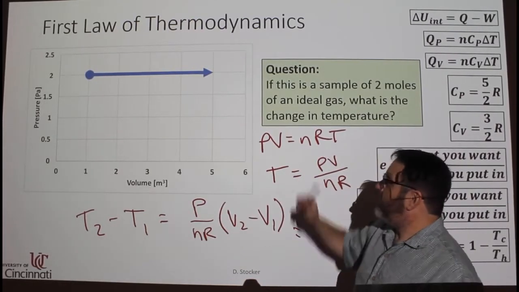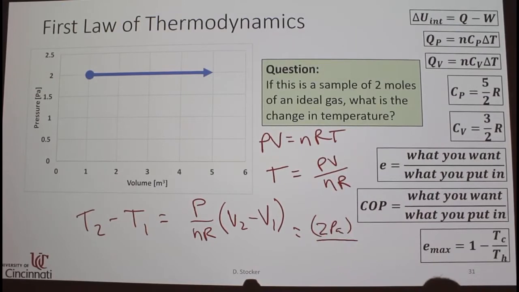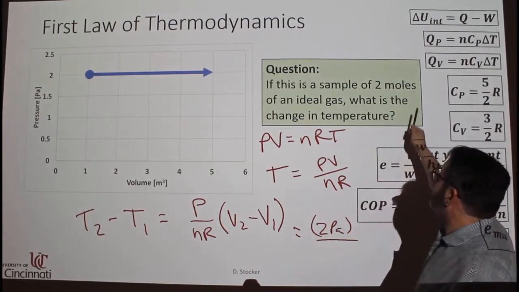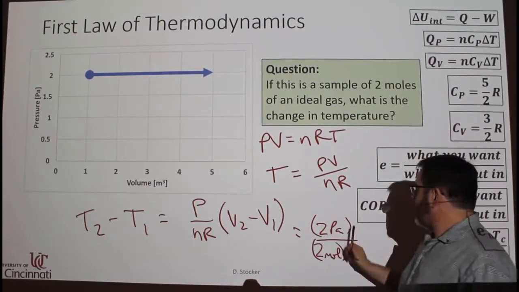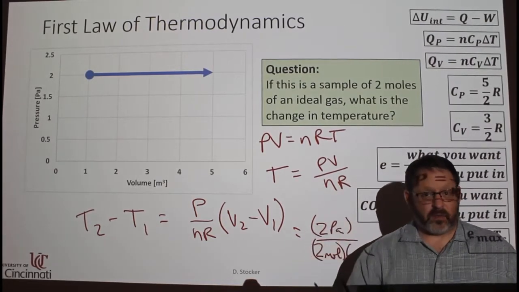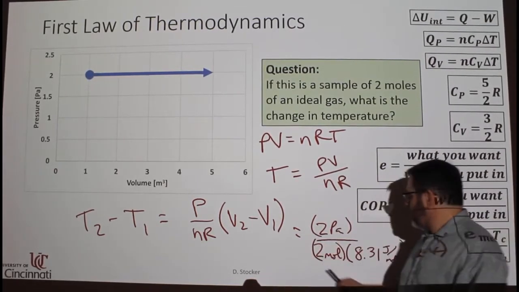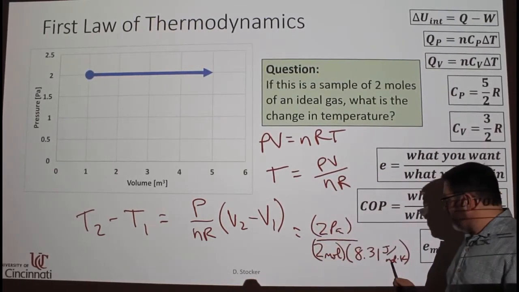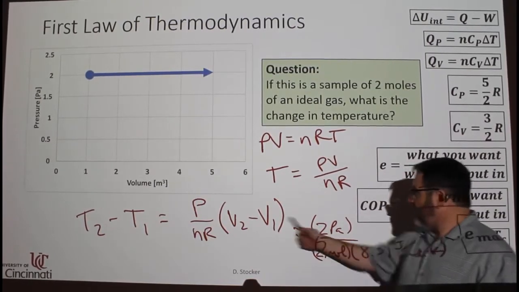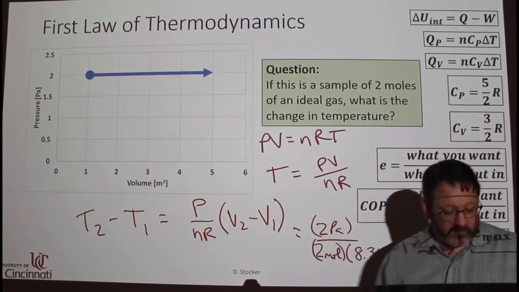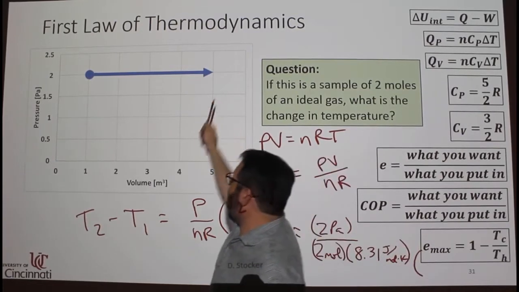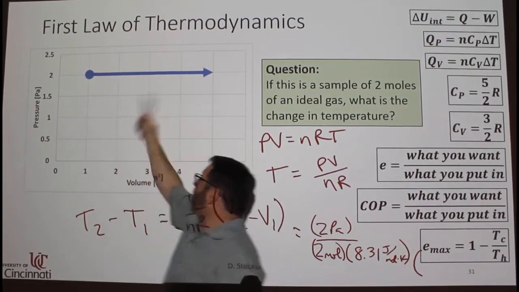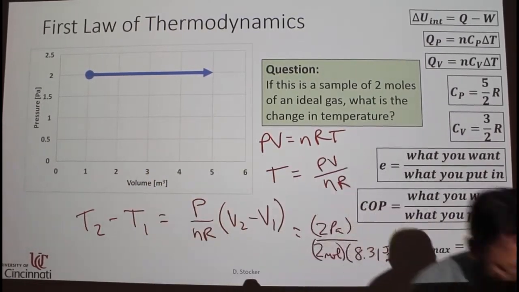So this is 2 pascals over n, which is 2 moles, R is 8.31. The units on that are joule per mole Kelvin, multiplied by V2 minus V1. V2, that's 5 minus 1, so 4 cubic meters.